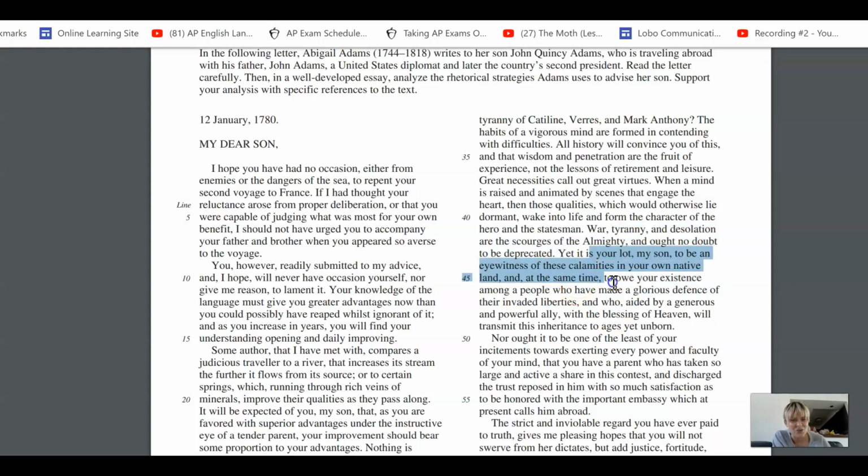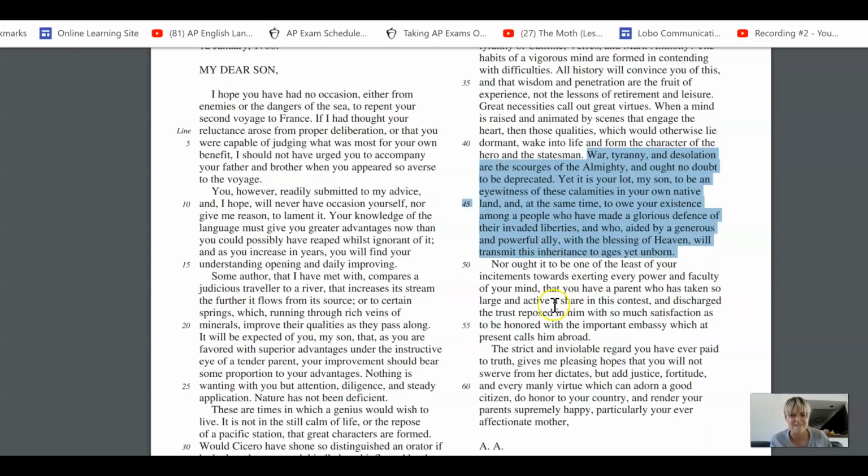And so basically, your entire existence has been made because people sacrificed for this country that you are now supposed to go and help. So there's definitely a call to patriotism through here. And I would definitely be looking at analyzing how does she use patriotism to motivate and inspire him. It also puts quite a lot of pressure on him, I would say.